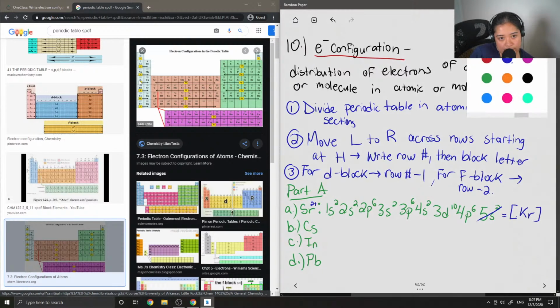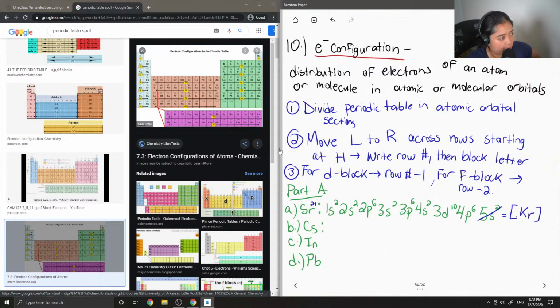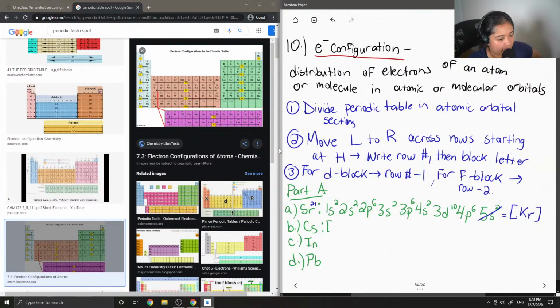Okay, so let's look at the next example. This time I'm going to write the shorthand notation for electron configuration, just so that we can save some time. We find cesium on the periodic table. You'll find it here, atomic number 55. When we write the shorthand configuration, we look at the noble gas that comes before it, which is xenon.